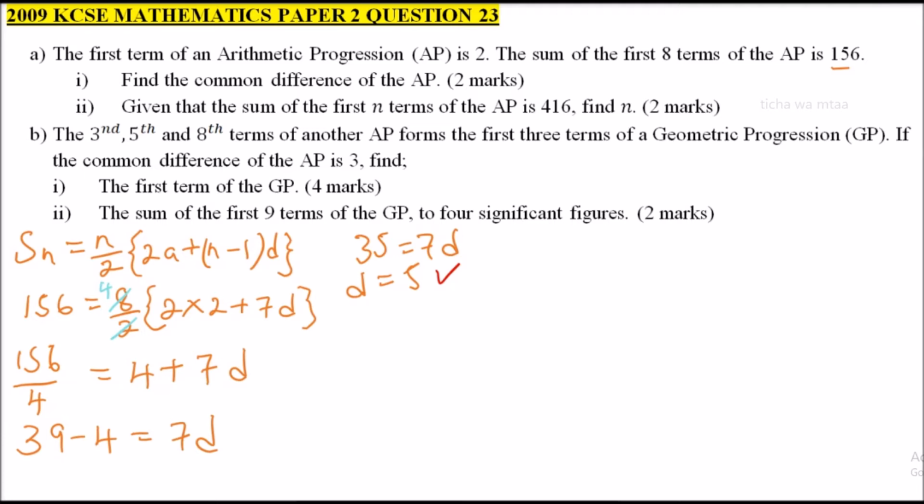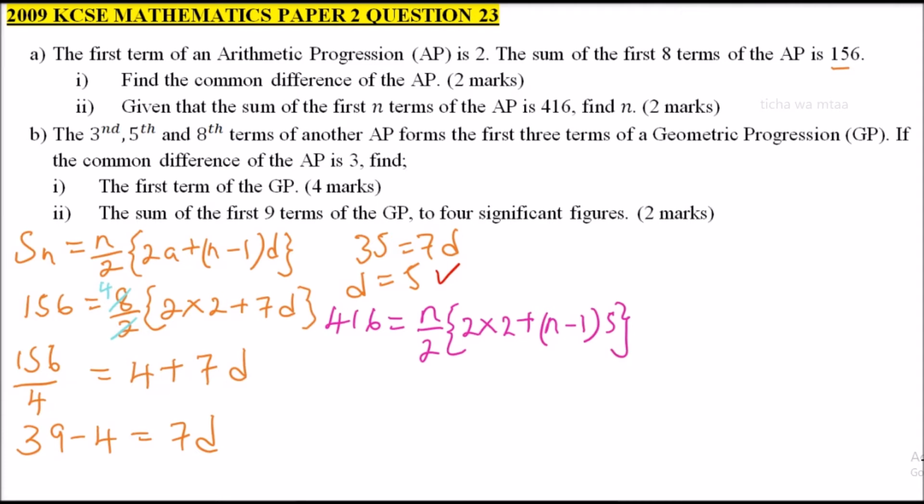Part B of the question, we are told, given that the sum of the n terms is 416, find n. So we say 416 is equal to n divided by 2, you put the bracket, the first term is 2, so we multiply by 2, plus n minus 1, n we don't know, and our common difference is 5. So that is what we use.